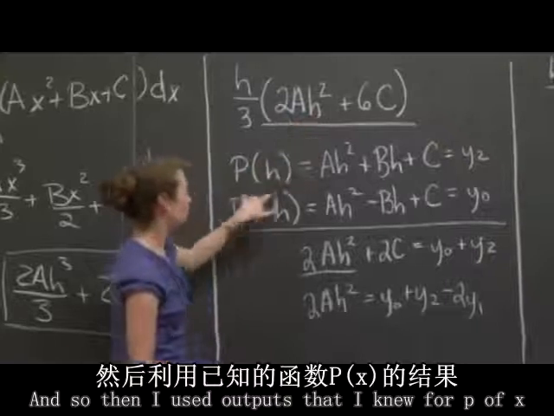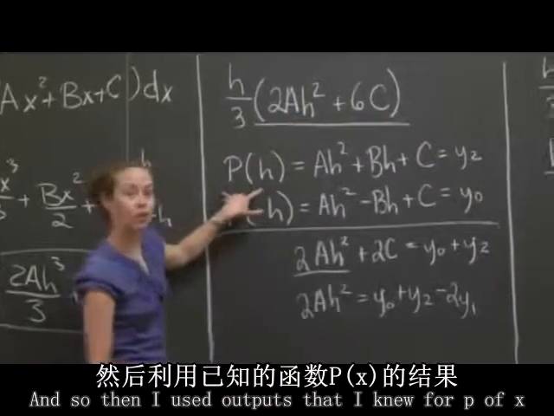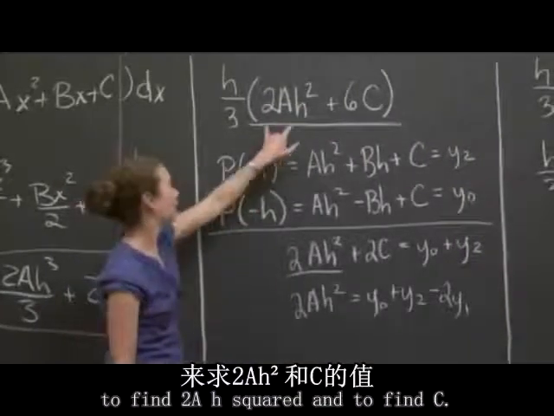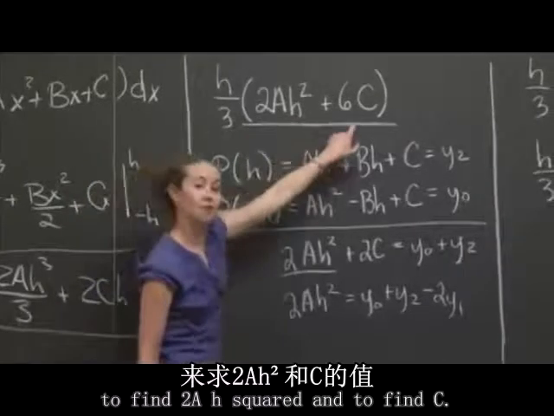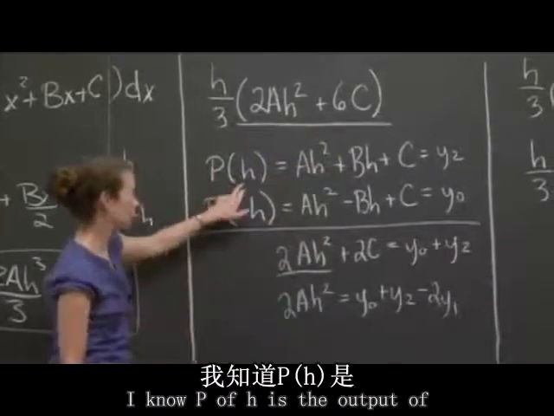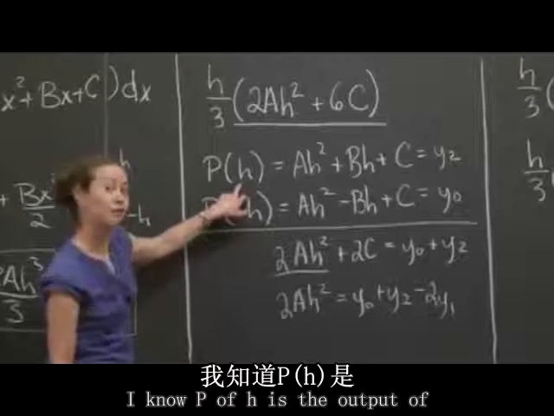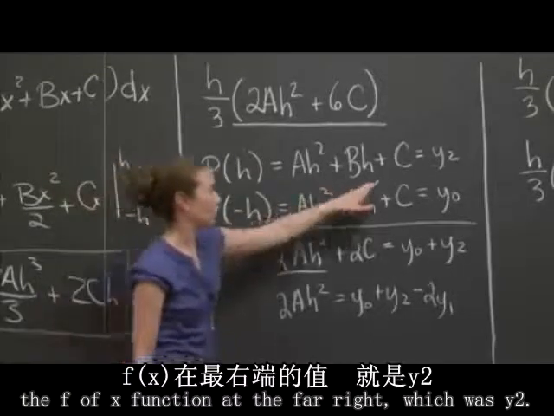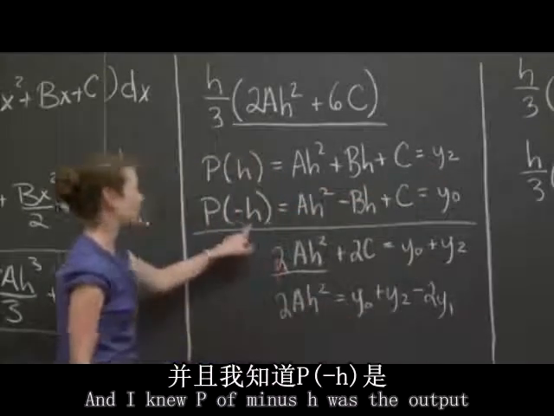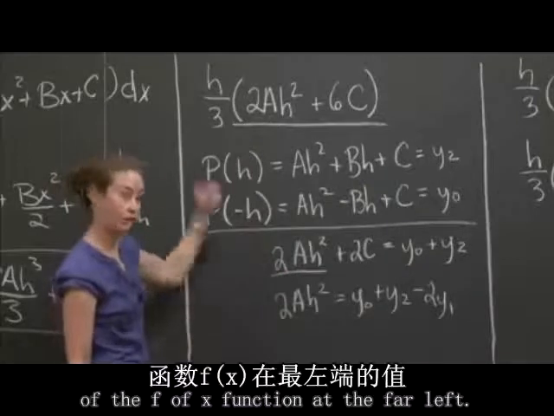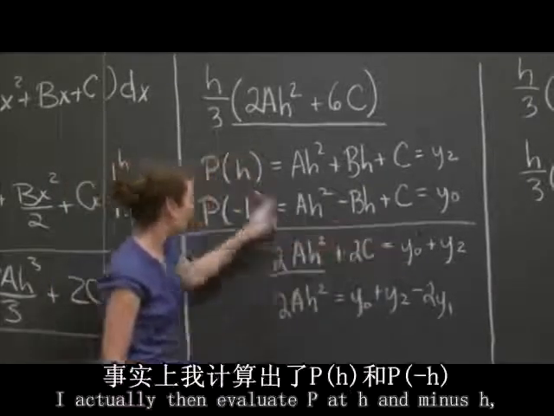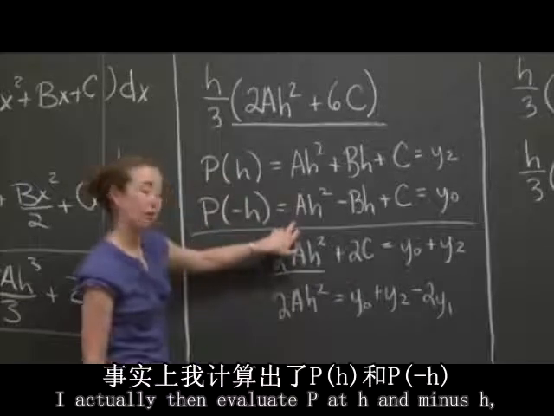And so then I used outputs that I knew for p of x to find 2ah squared and to find c. I know p of h is the output of the f of x function at the far right, which was y2. And I knew p of minus h was the output of the f of x function at the far left. That's y0. I actually then evaluate p at h and minus h.